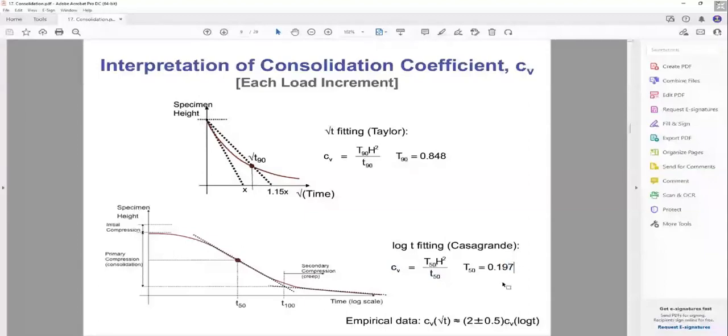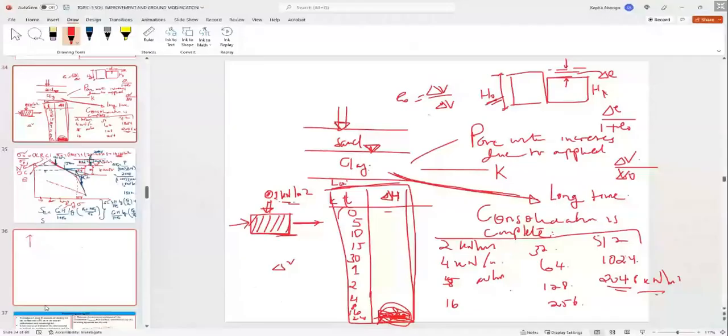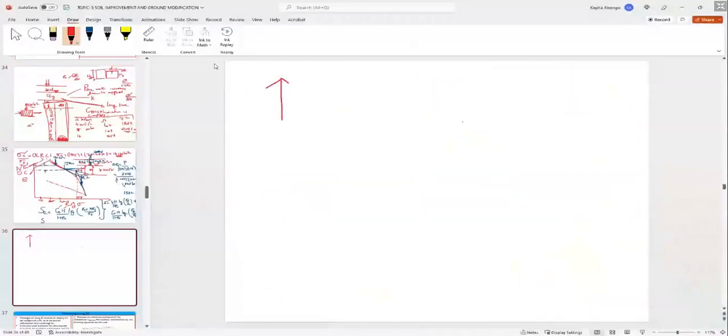Now let's go back to something before I come back to this, because you never learned this. Like you said, it's new to you. Now look here. I said that consolidation occurs when you load this saturated soil, the loading is initially taken by the water, and the pore water pressure increases.